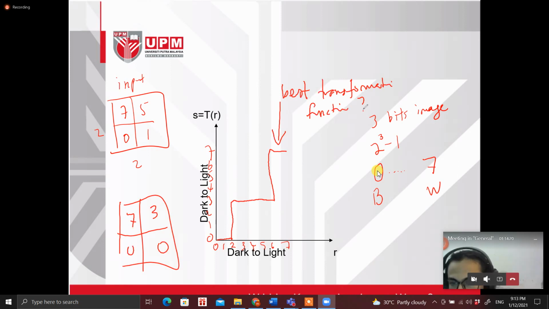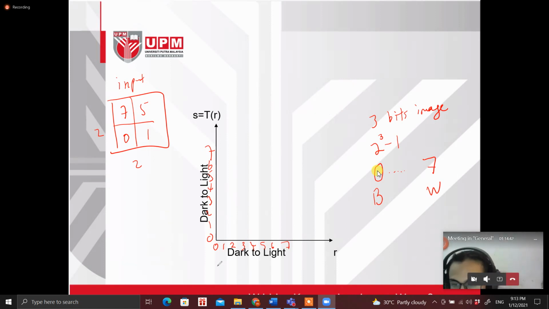No, because it really depends on your application and what are the issues that you want to solve. If your image is too dark, dark means that maybe your image is all from 0 until 3 only.